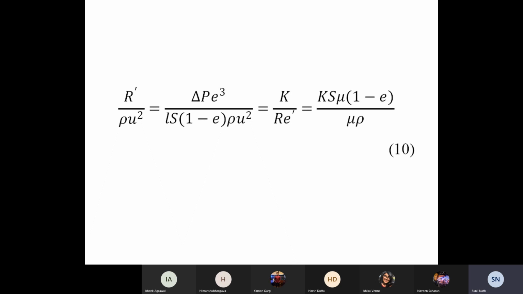Obviously there will be a change in slope in this intermediate region between modified Reynolds number of 1 and 500. So the absolute value of the slope will decrease from 1 to 1 by 4, so -1 to -1 by 4 or so in that region. And that is your intermediate region.